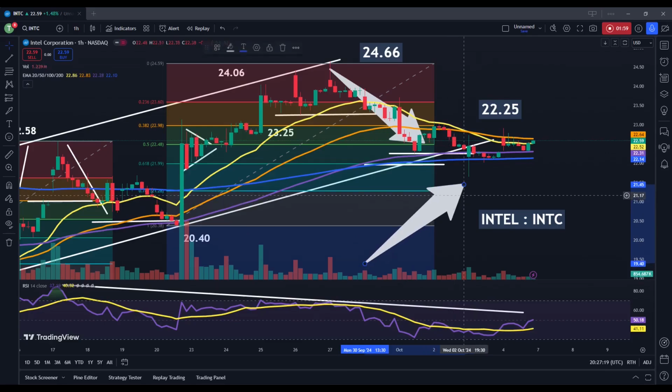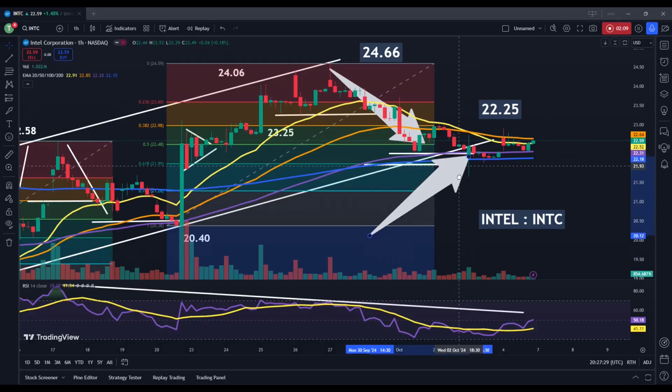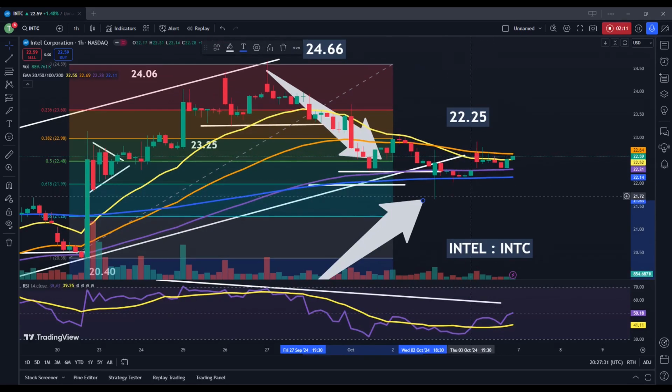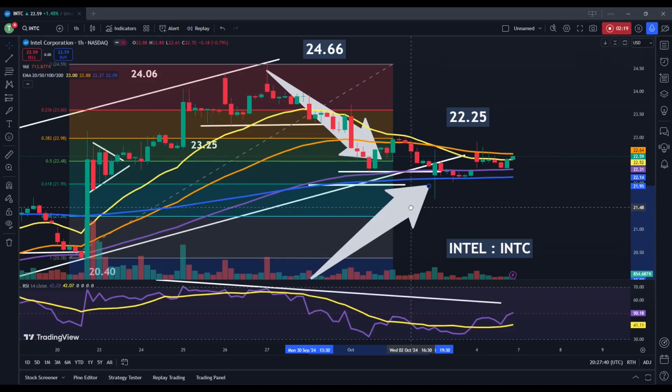Recently, we have seen some dips below this technical indicator, the 200-hour EMA. Share prices have posted lows through here, coming in at 21.65. That is a bit of a spike low, but I wouldn't refer to that area too much just yet, because share prices didn't close below that 200 period EMA on an hourly basis.